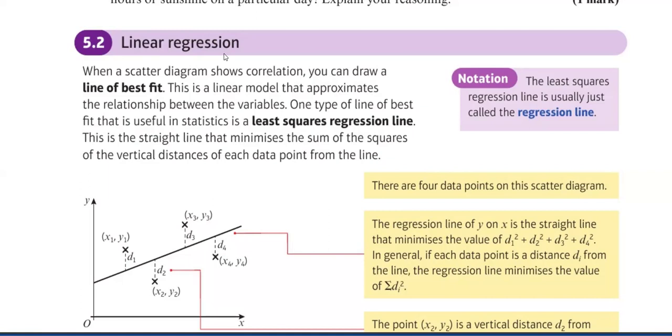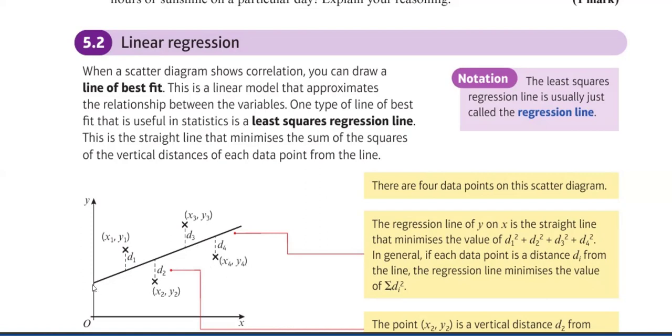Linear regression. This is the very important part of this lesson. What is the meaning of linear regression? It is like a line of best fit. If we have some points in the coordinate axis like this, the first one is x1, y1, the second one x2, y2, the third one x3, y3, the fourth one x4, y4.